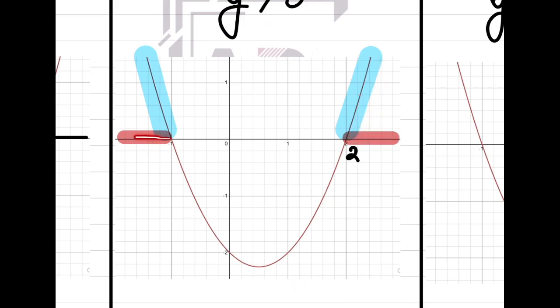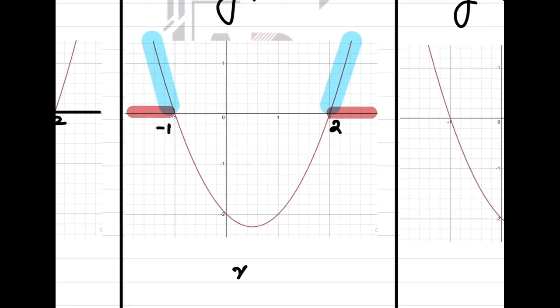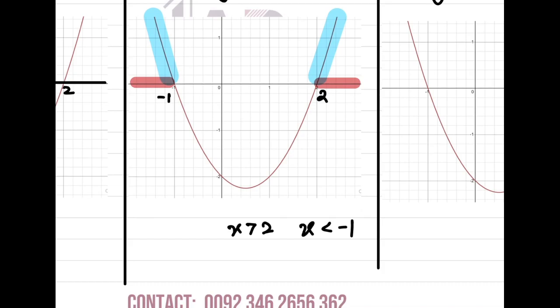When x is less than minus 1, the value of y is greater than 0. So we can say that at x greater than 2 and x less than minus 1, we have the graph y greater than 0.